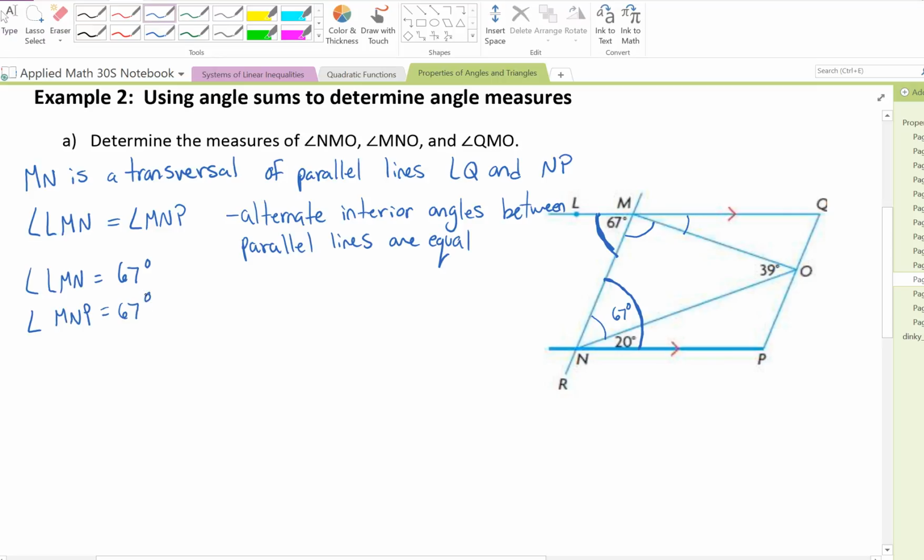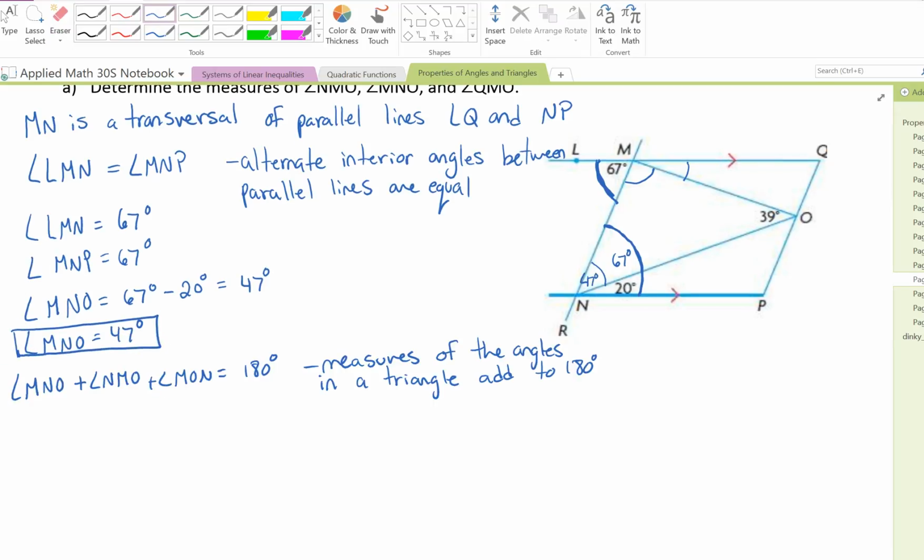That also means that angle MNO is going to be equal to 67 degrees minus the 20 degrees that's sitting there, to give me an angle of 47 degrees. So angle MNO is 47 degrees. I'm going to put a box around that so we can keep track of it.